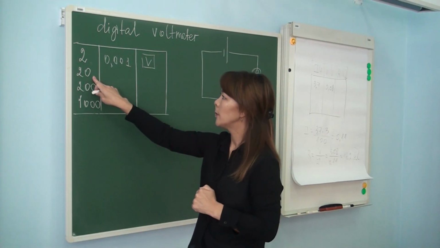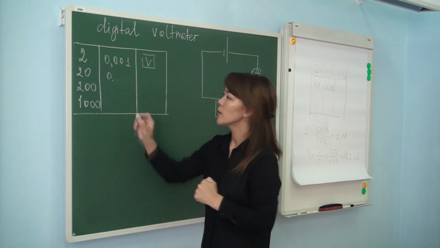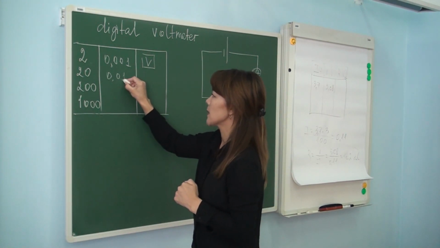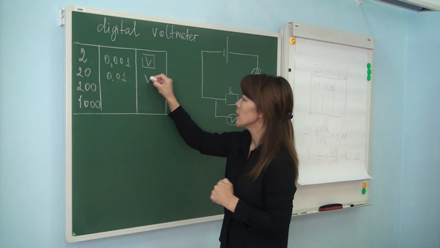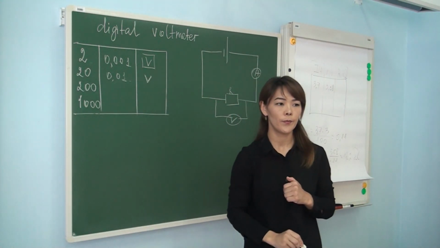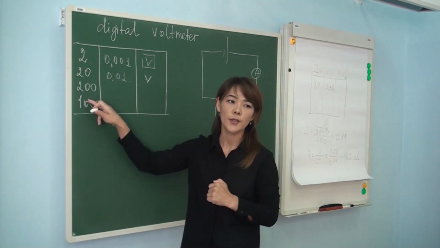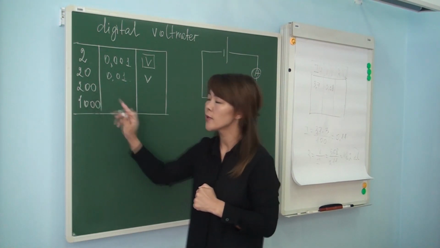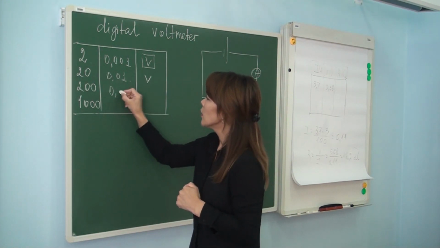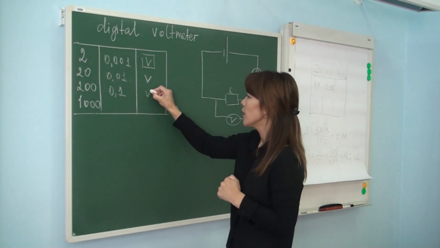Next, 20. 20 measures in 2 decimal places, and you can take the value from the voltmeter. No need to multiply these values. Next, 200. 200 gives 1 decimal place, and then you can take the value.